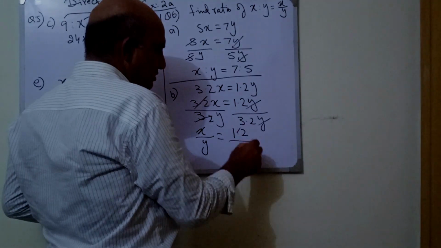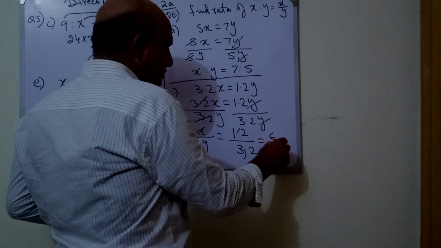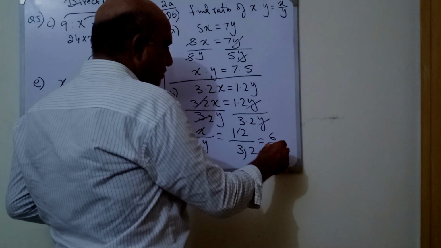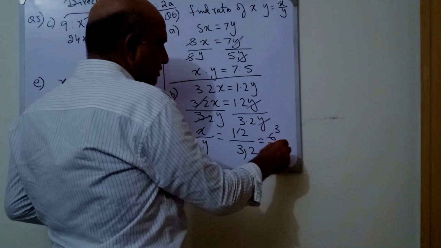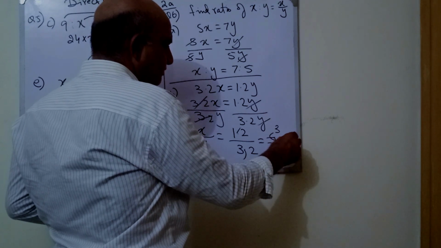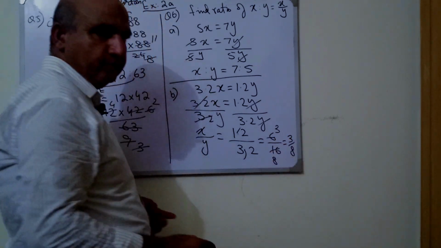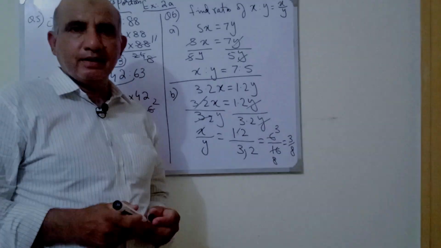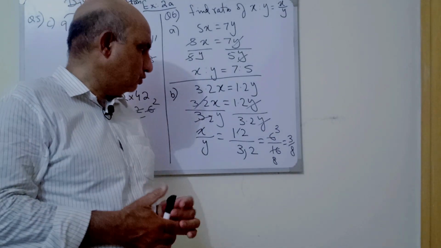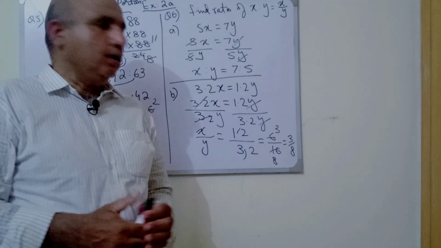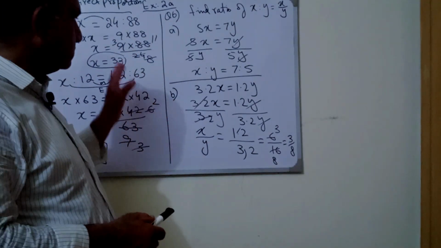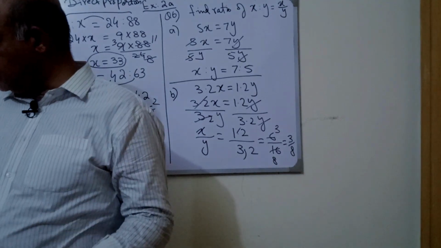Cancel the decimals. So we have 2 6s are 12, 2 16s are 32, 2 3s are 6, 2 8s are 16. So here x over y is 3 over 8. Right, students? In this way, we have solved both parts of these.